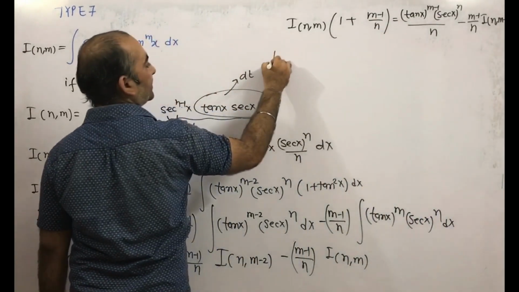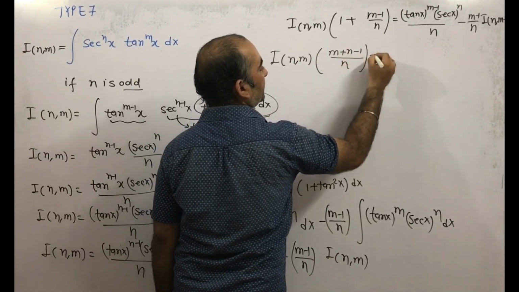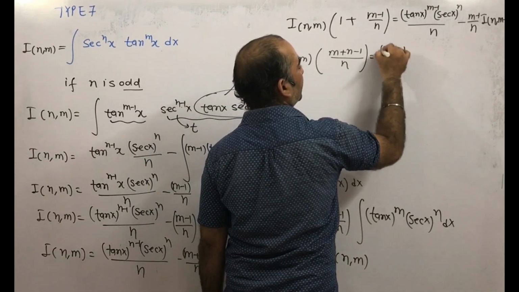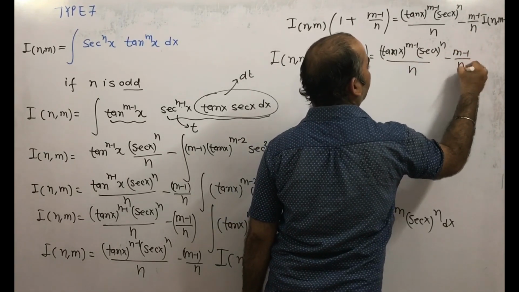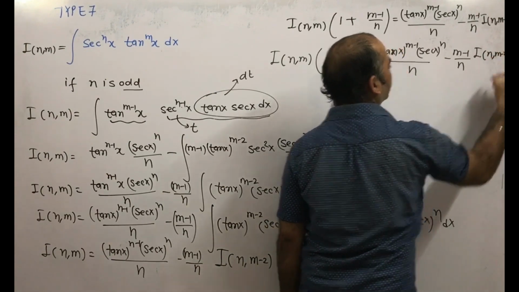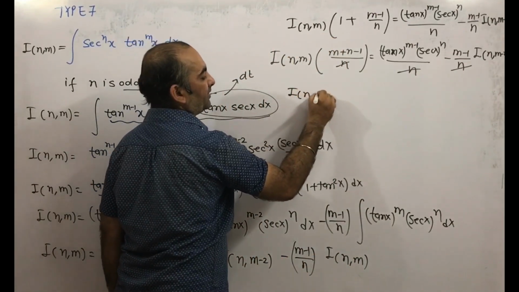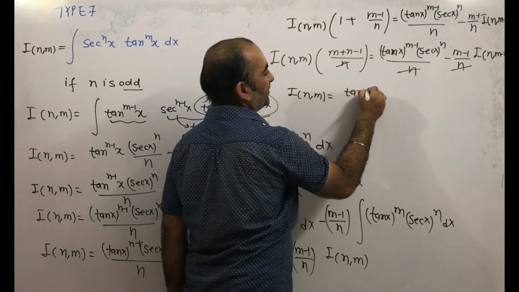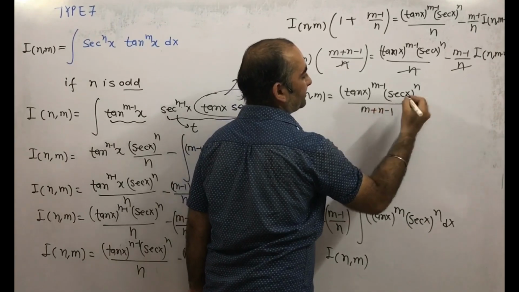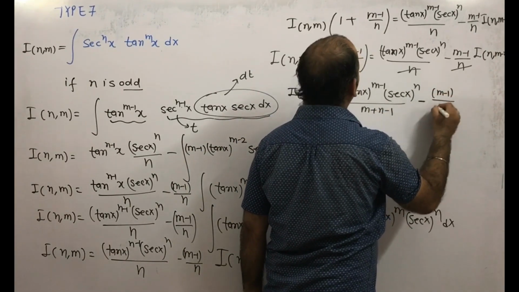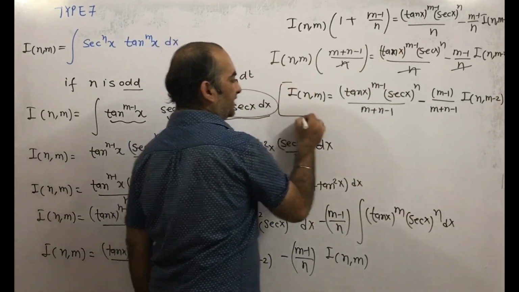If I take the LCM, I(n, m) times (m+n-1)/n equals tan^(m-1) x sec^n x divided by n, minus (m-1)/n I(n, m-2). Here n gets cancelled. So I(n, m) equals tan^(m-1) x sec^n x divided by (m+n-1), minus (m-1)/(m+n-1) I(n, m-2). This is the relation that we are going to use.